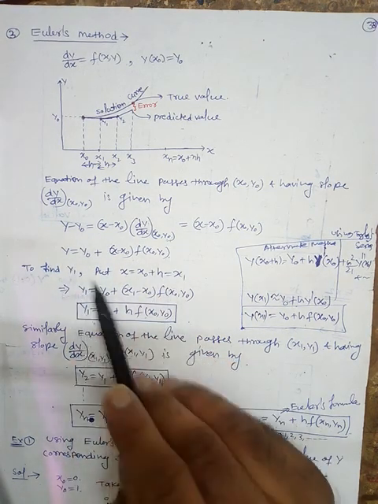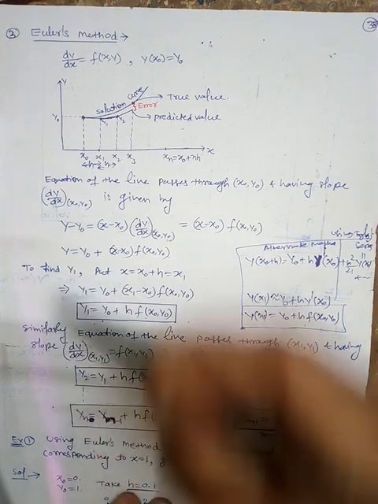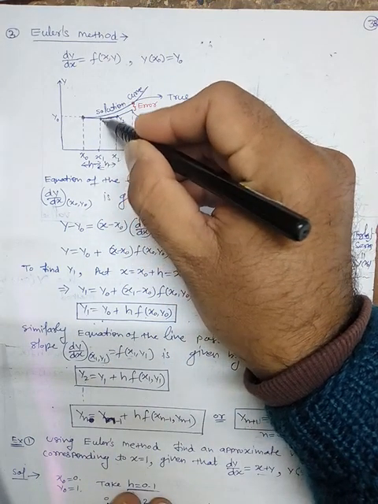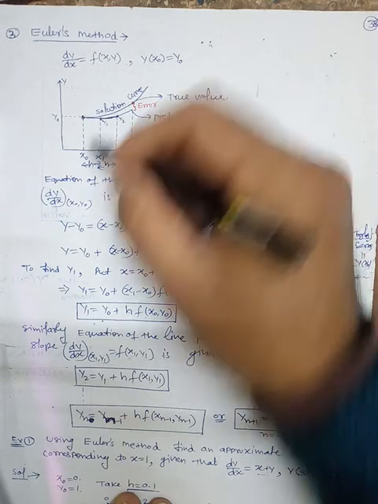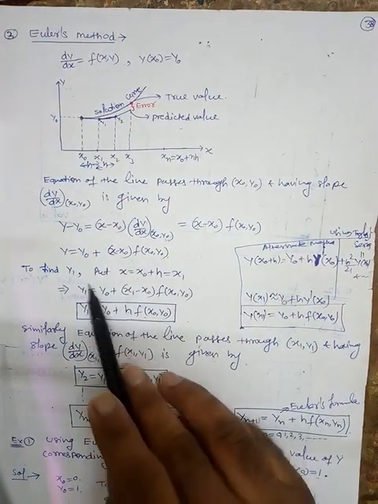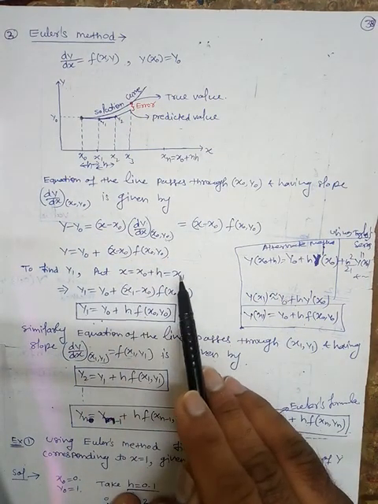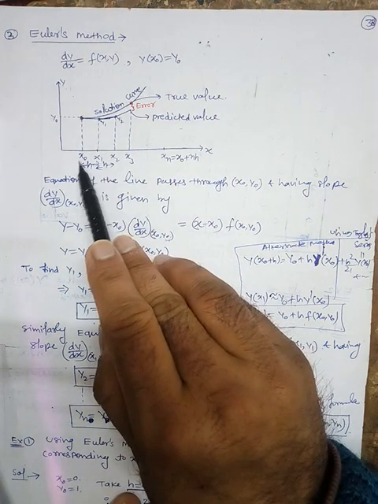This is the expression. Now to find y1, the corresponding value of y at x1, just put x equal to x1 here. But x1 is what? x naught plus h.